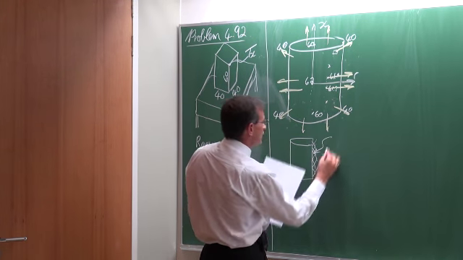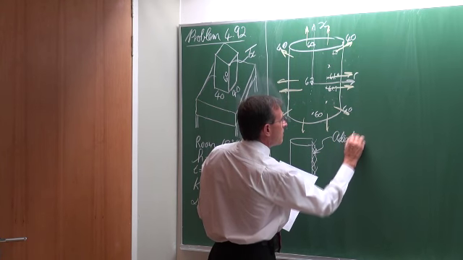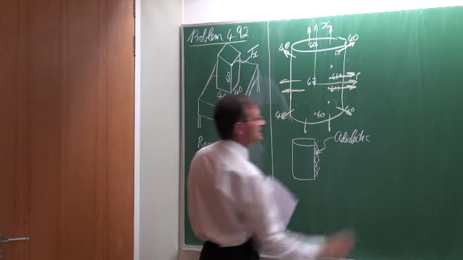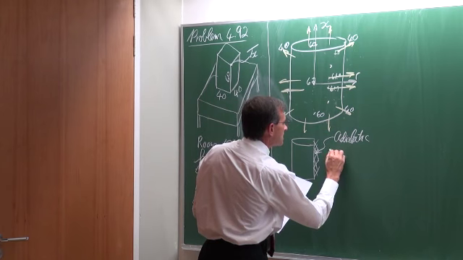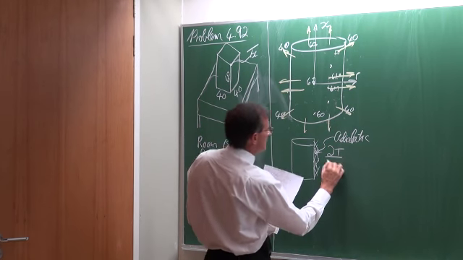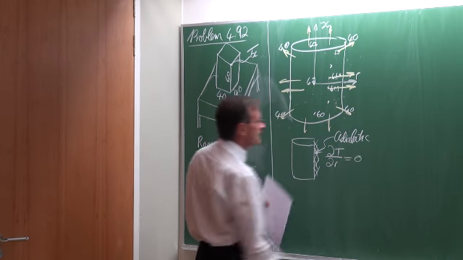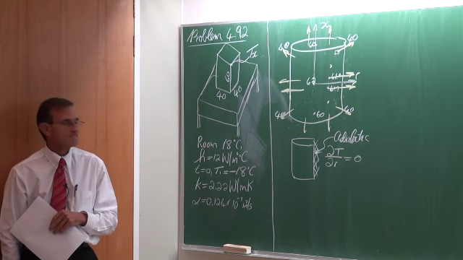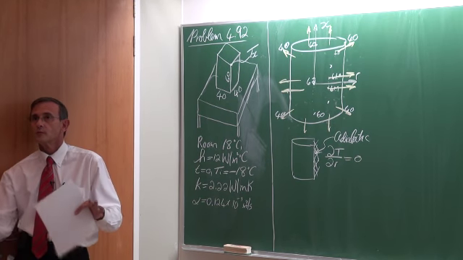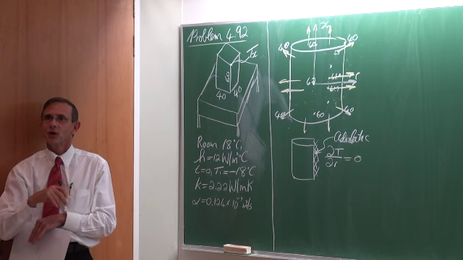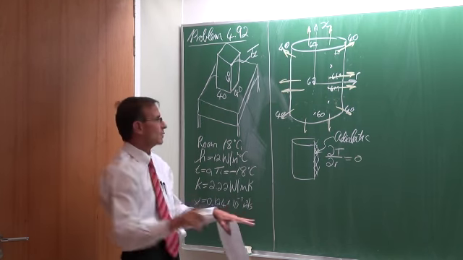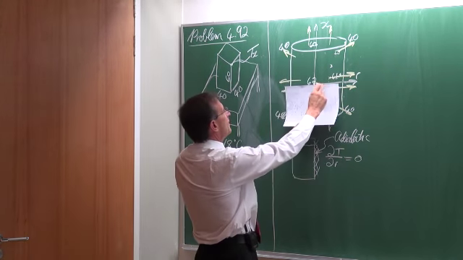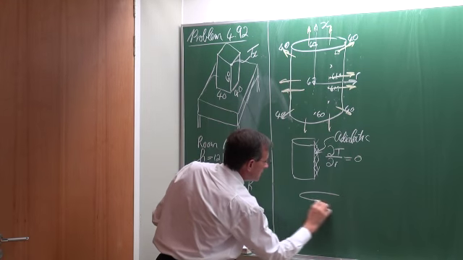So there's an adiabatic surface. Adiabatic means no heat transfer, and partial dT/dr would be equal to 0. Does it make sense? You happy with that? And then also along that line, of course.